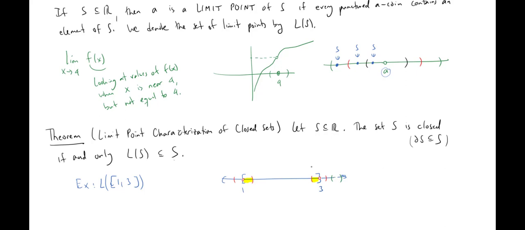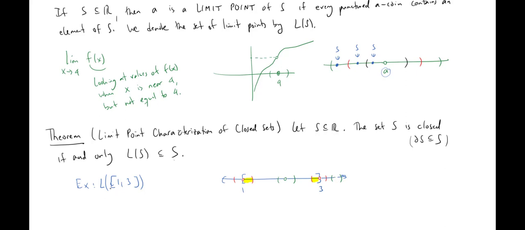Again, this is the same as boundaries. But now let's take something inside the interval. If I take any coin around that point, even a punctured one, it contains elements inside the interval. So in fact, all of the interior points here are also limit points.